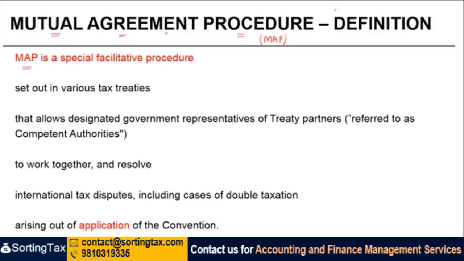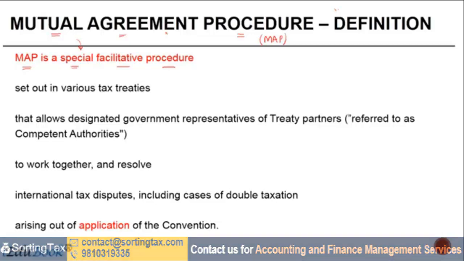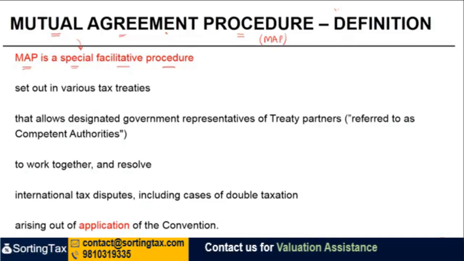MAP is a special facilitative procedure. It's special because it is not applicable in each and every case. While you can invoke it because it is the belief of the taxpayer which is the triggering point, it is not necessary that every time you trigger a MAP, the tax authorities or the competent authorities will accept it.